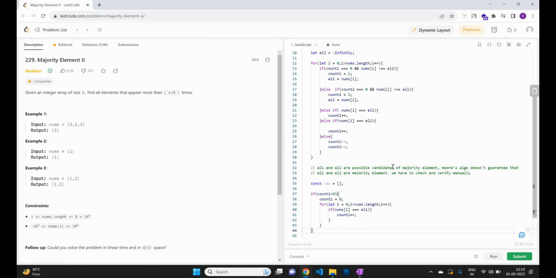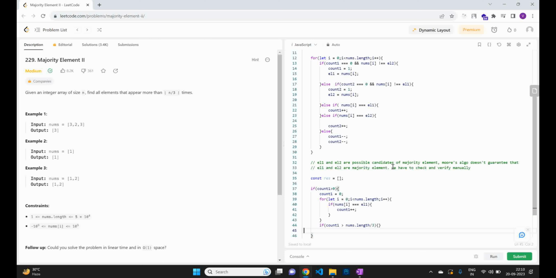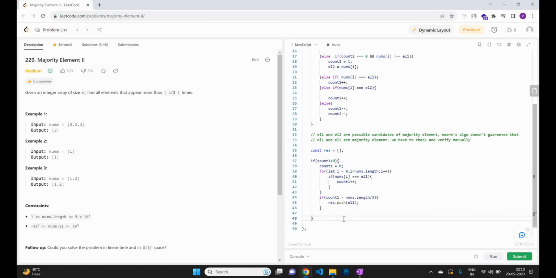Okay, and if count 1 is greater than nums.length by 3, what I can do is push it into my array, that is result.push, and it should be EL1, right?